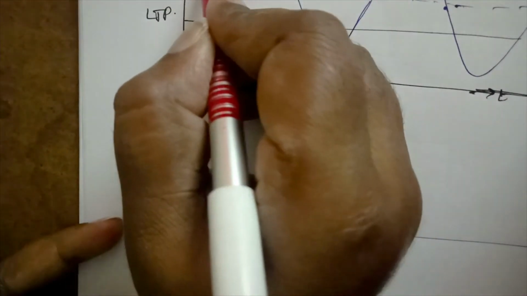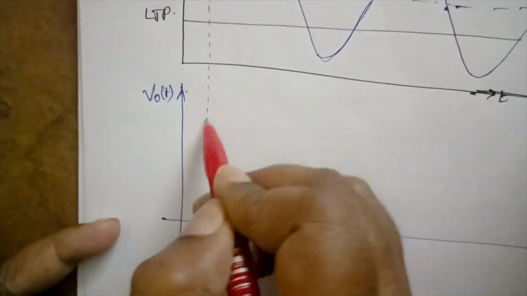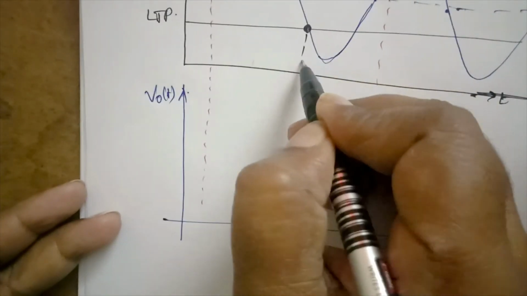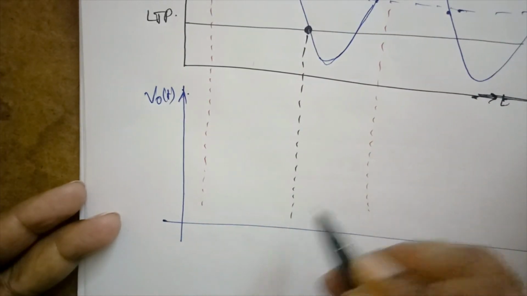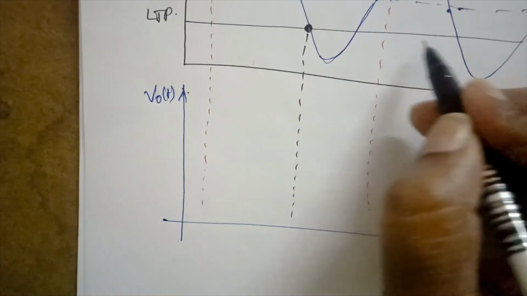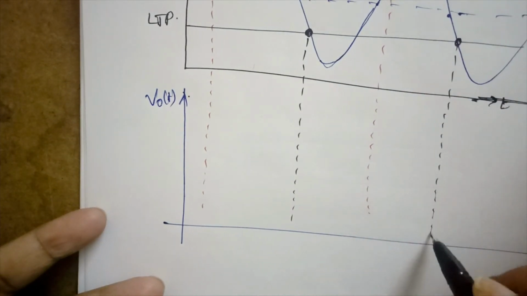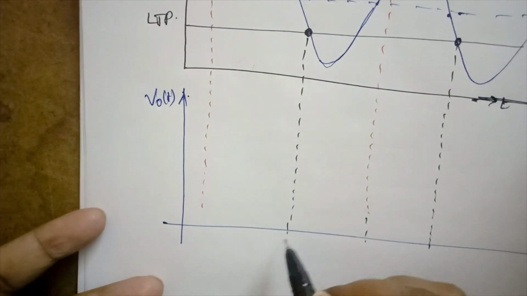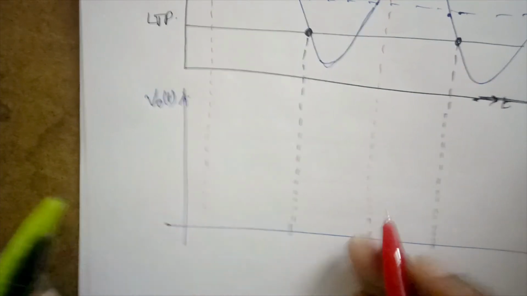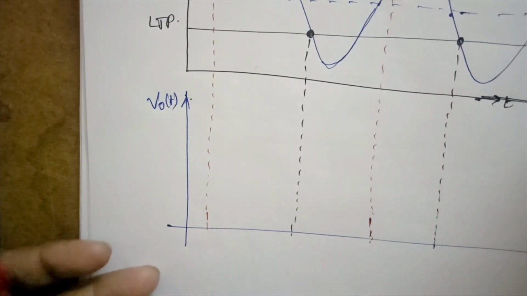At the UTP value, Q1 is on. Next, at the LTP value, Q2 is on.